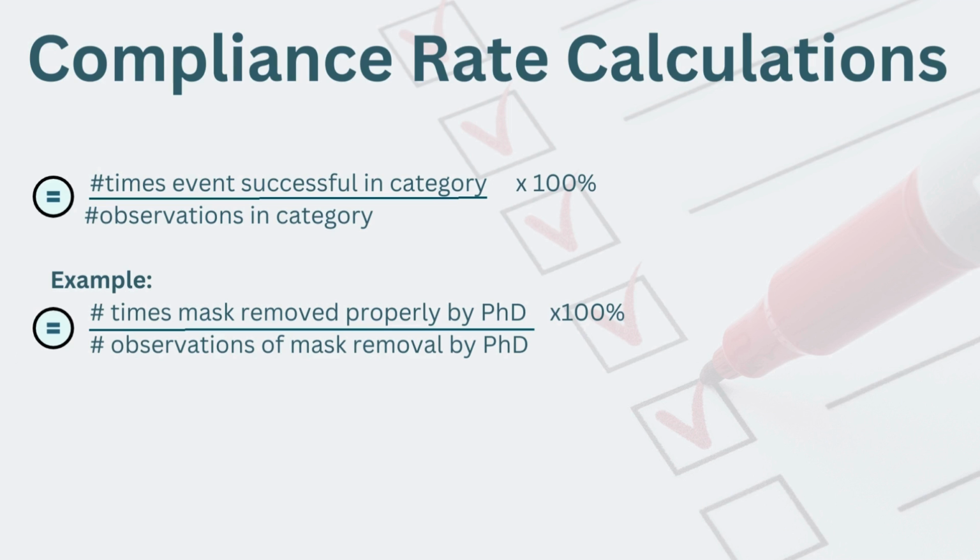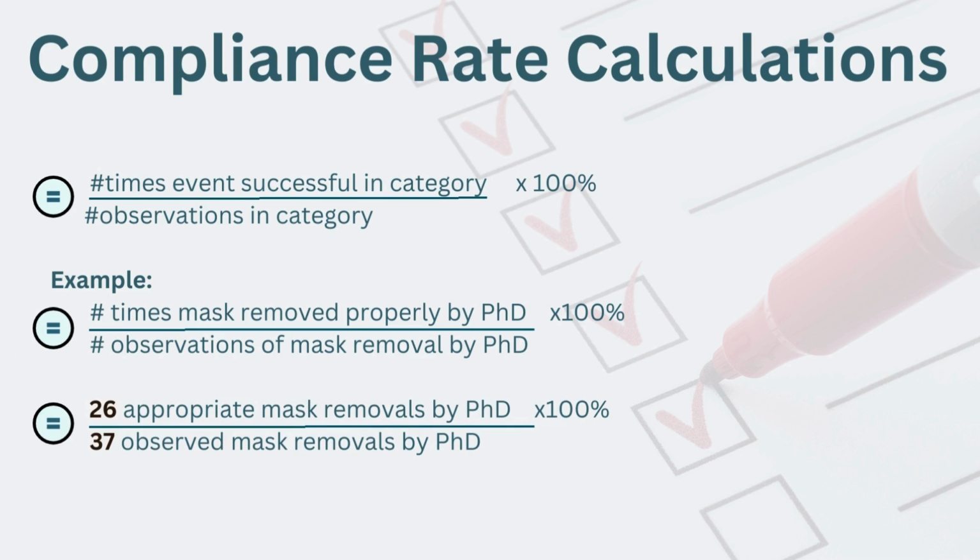Then you would multiply by 100 to get a percentage of compliance. So if 26 physicians were observed removing their masks using the proper technique out of a total of 37 observations of mask removal, the compliance rate would be 70%.